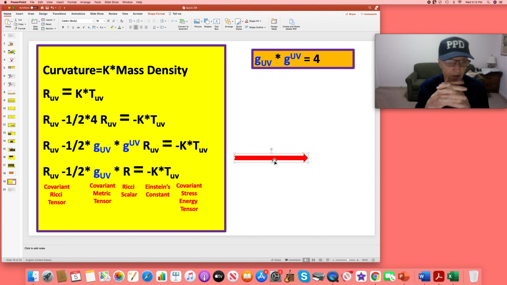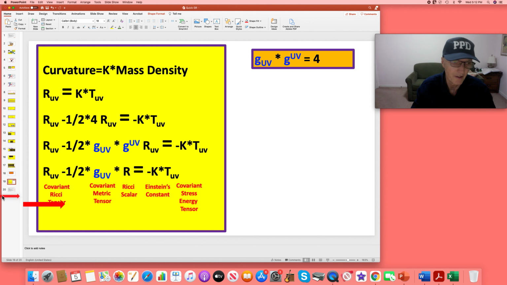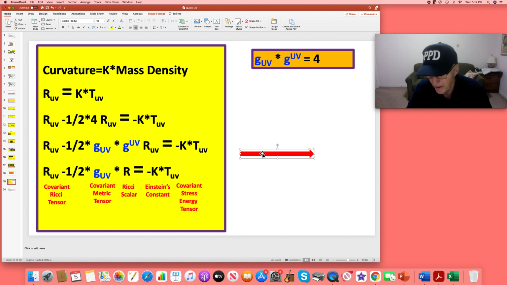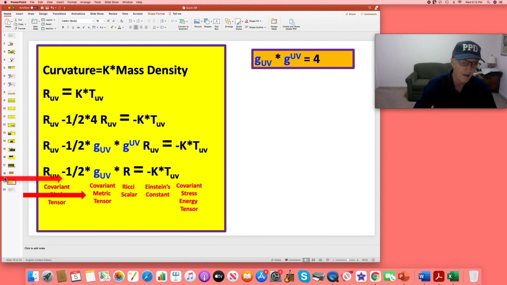And here it is. So, let's put some names to it. Now, I don't like names very much because they don't mean anything. They're just nominal. But it does mean a little bit in the sense that a lot of these things have been worked out by Riemann. And this R subscript UV, they call the covariant Ricci tensor.